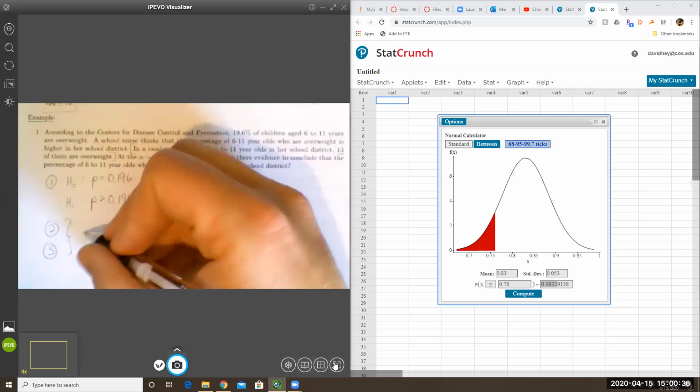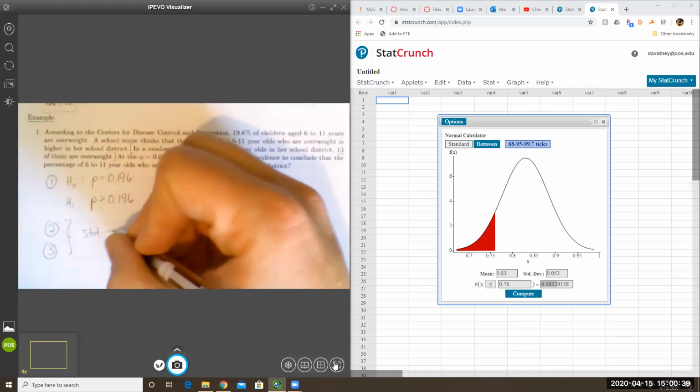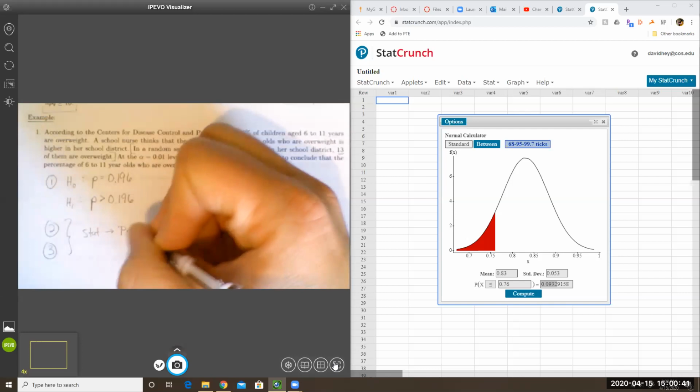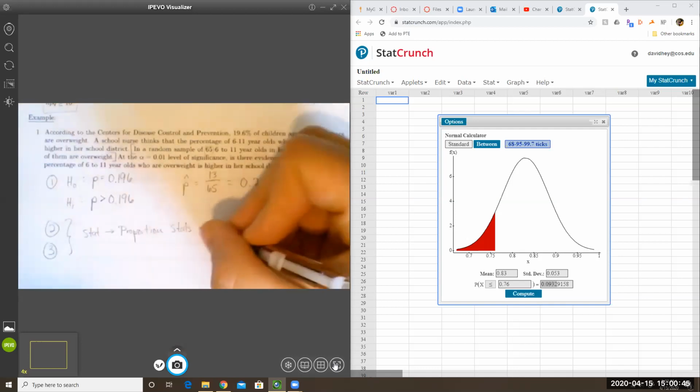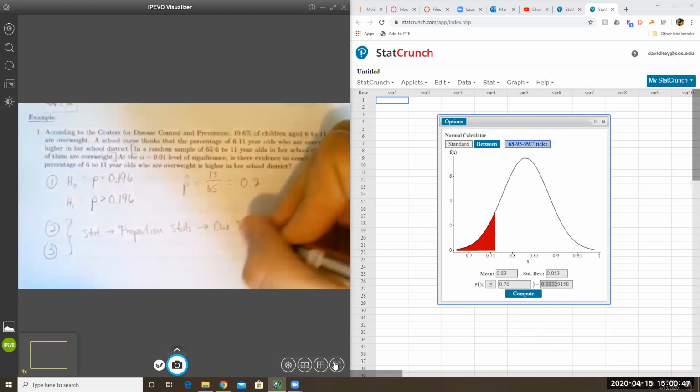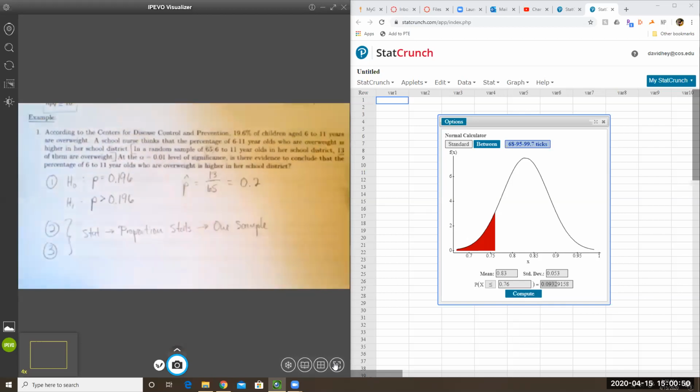We're going to go to Stat, Proportion Stats, One Sample. And we don't have the data here. We have a summary of the data, so we're going to say with summary.